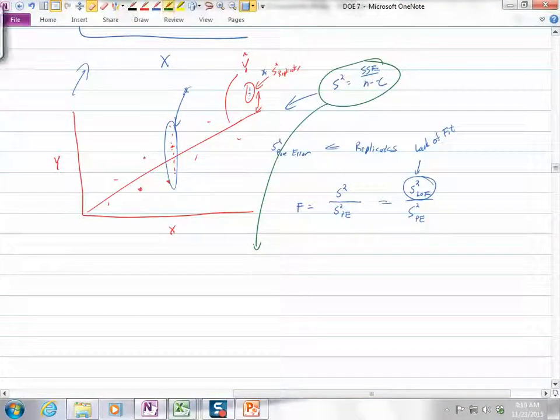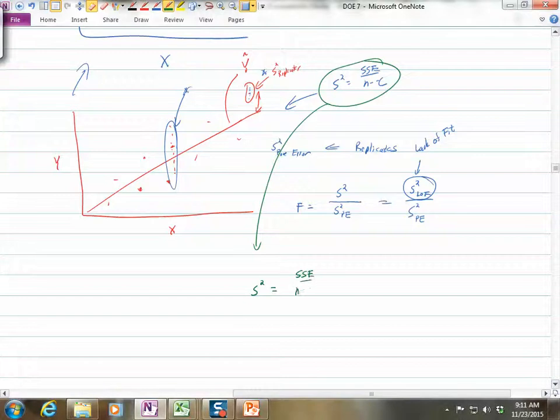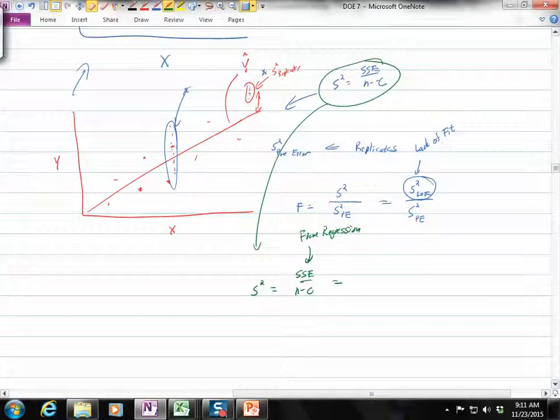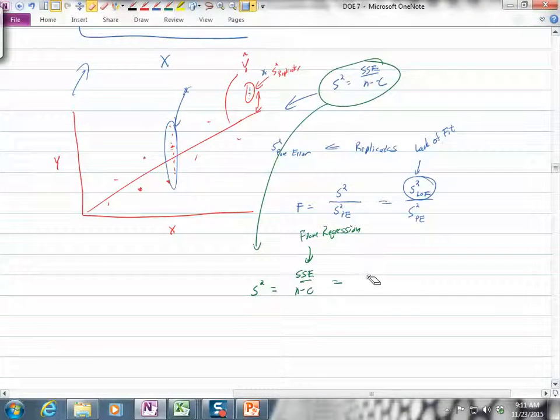So we could think of the total S squared. We have it as SSE divided by n minus c, and we're going to get this number. We're going to do the regression. This number is easy to get. And we're just going to say it's a pooled variance from, well, I'll write it this way. We've got S squared of pure error plus the S squared of everything else.